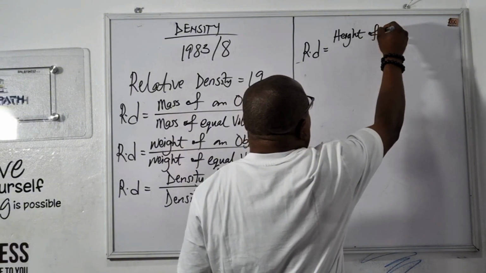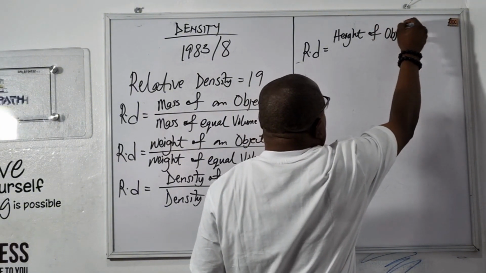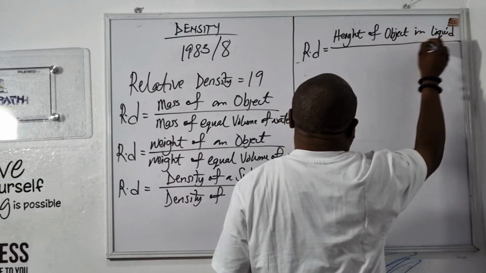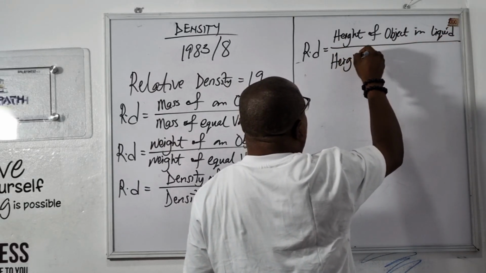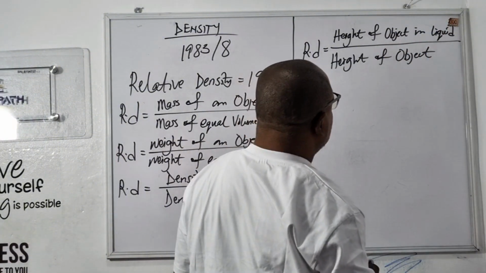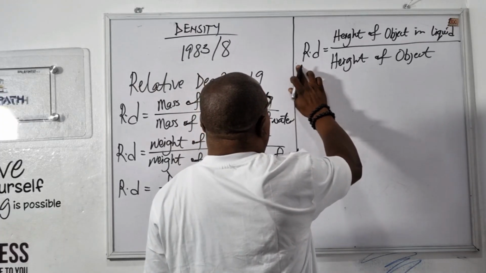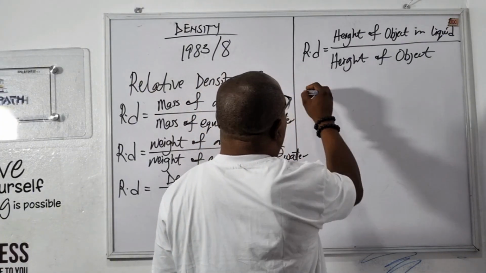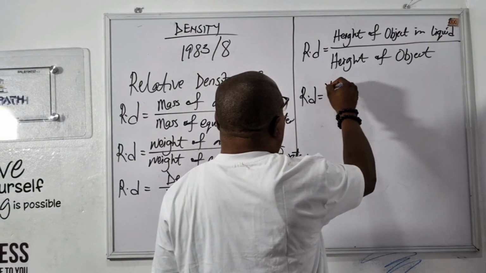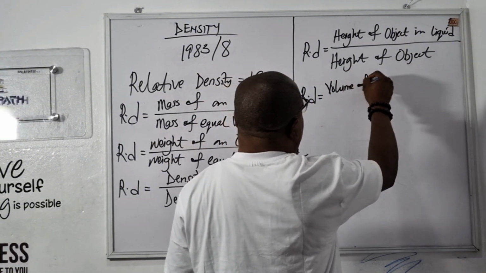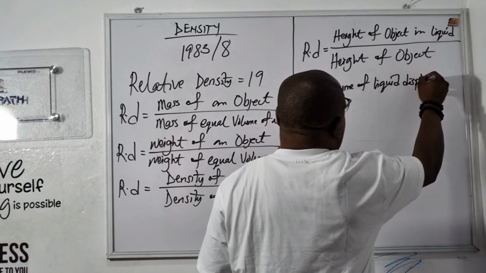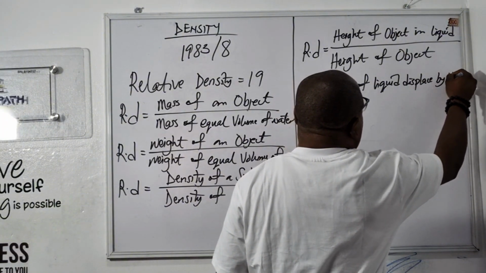Relative density is equal to the height of the object in liquid over the height of my object.